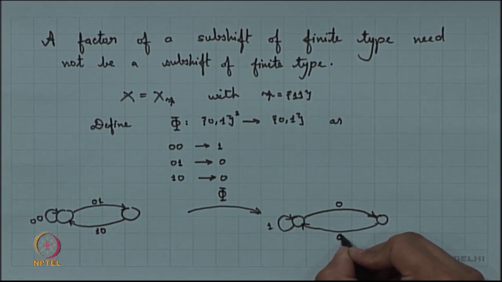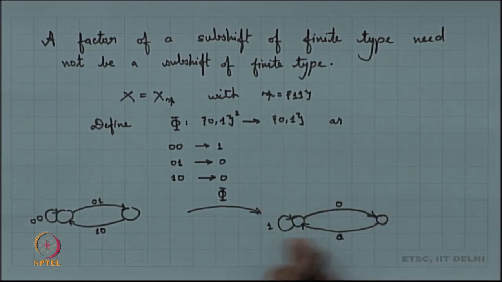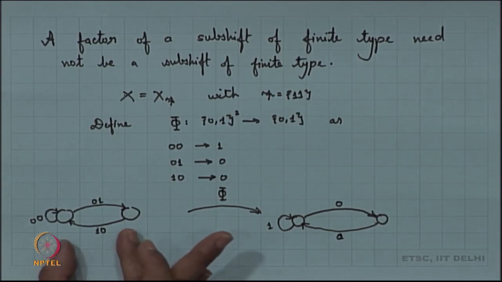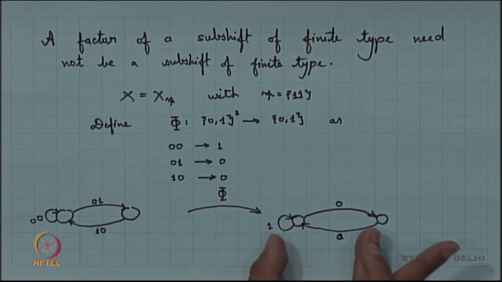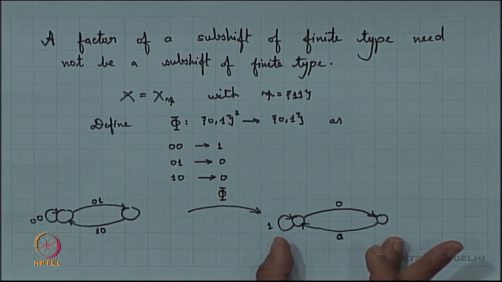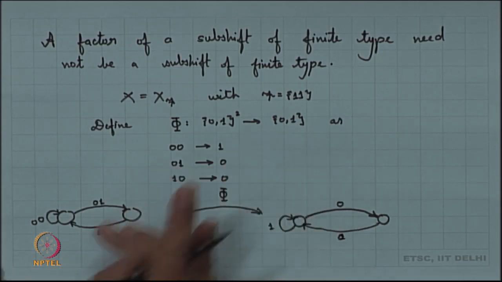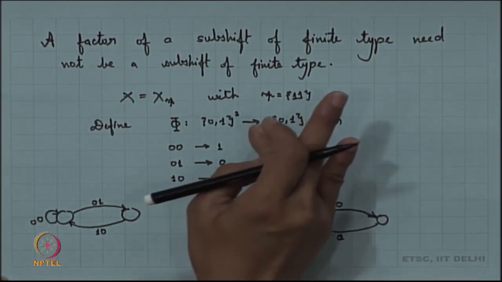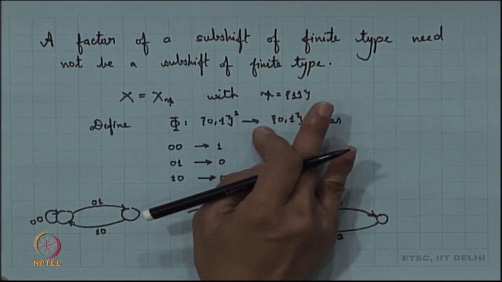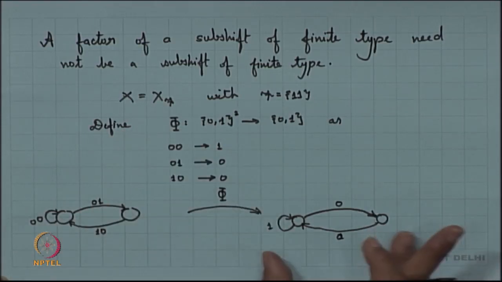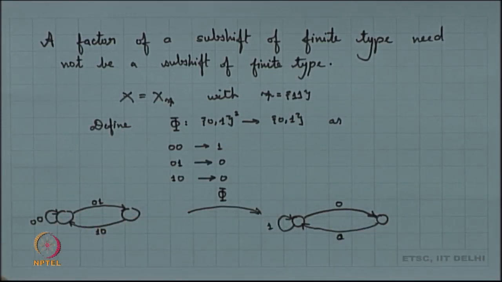Since this graph is basically a factor of this graph, the subshift that is generated here will be a factor of this particular subshift, because this subshift would be given by this particular block code. So, this block code generates a factor, and this subshift is basically obtained from that subshift as a factor.